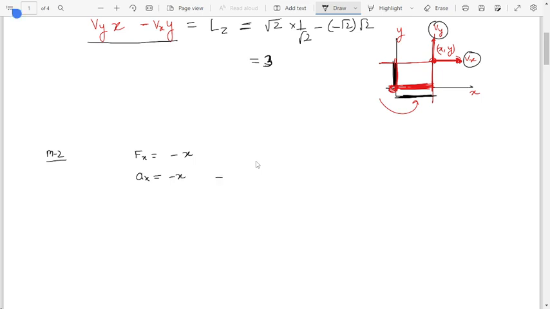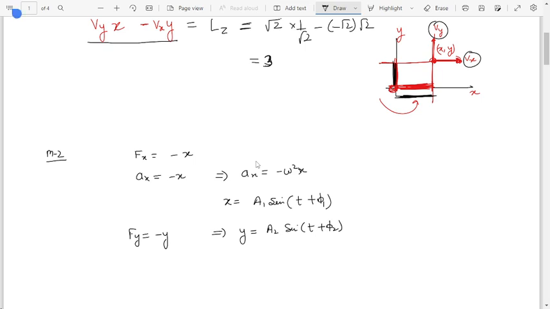Now you can clearly understand that if you compare this with ax equals minus omega square x, which is the equation of SHM, then you can write x equals amplitude A1 sine of omega t, as you can clearly see, plus some initial phase phi 1. Similarly, Fy equals minus y allows us to write y equals A2 sine of t plus phi 2. These are the equations that we can make for this particle along the x and y axes.